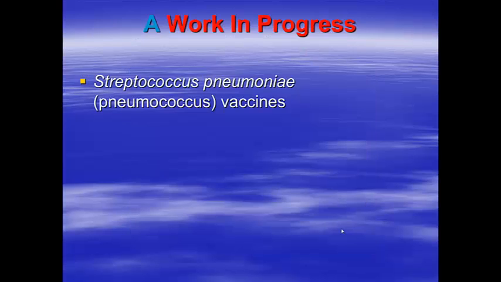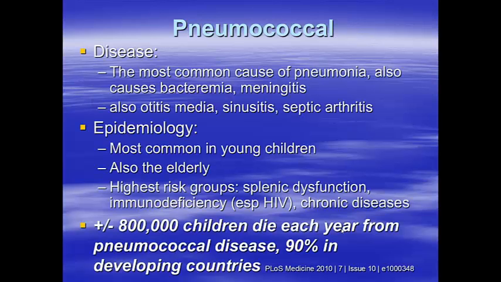So we're moving on to a different pathogen now. This one's called Streptococcus pneumonia. It's a bacteria. It's a common cause of, again, meningitis, sepsis in young children. So we'll talk about several pneumococcal vaccines and how the vaccination against this bacteria has evolved. But first, a word on the disease.